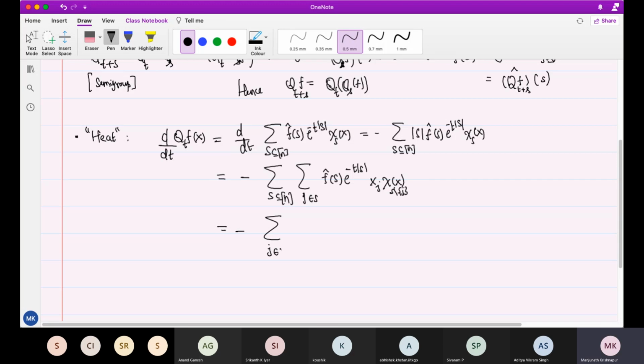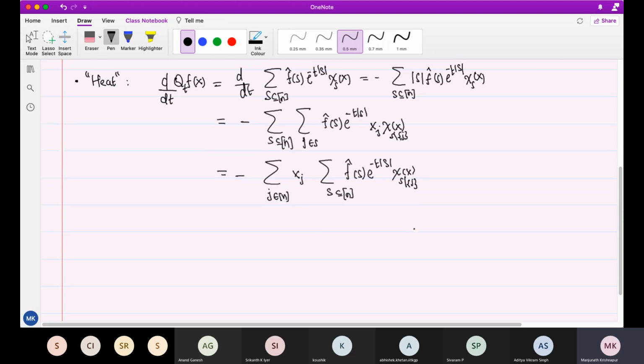Sum over j in [n], so over all j, I get x_j times the sum over S contained in [n] of f hat of S e to the minus t mod S. Okay, so is that okay?